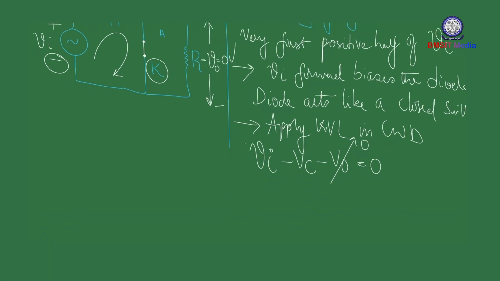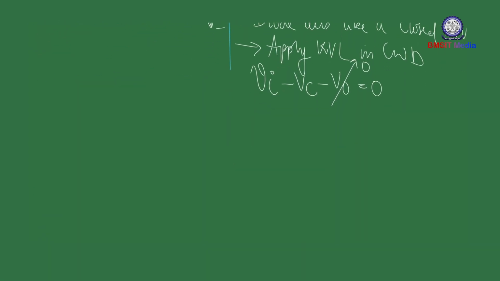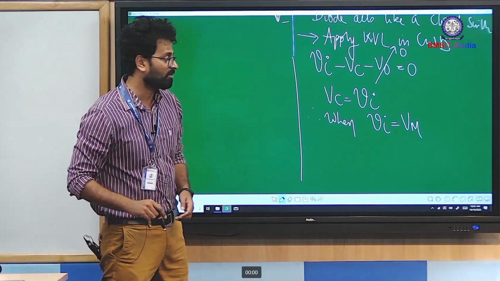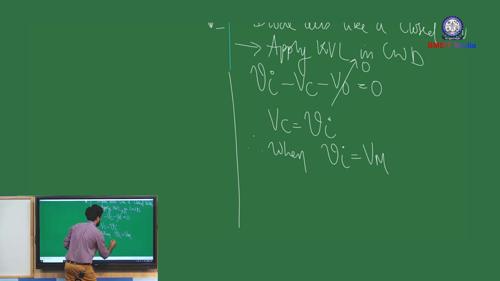So the capacitor voltage Vc is equal to Vi, and therefore when the input reaches Vm in the positive half cycle, the capacitor gets charged to Vm.